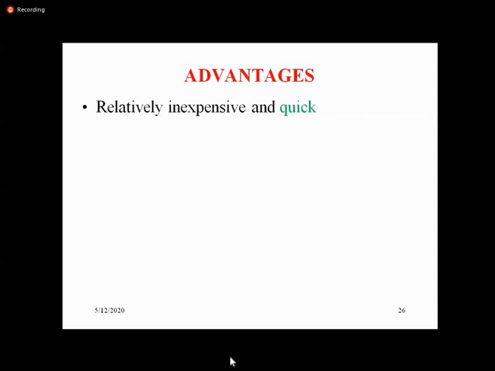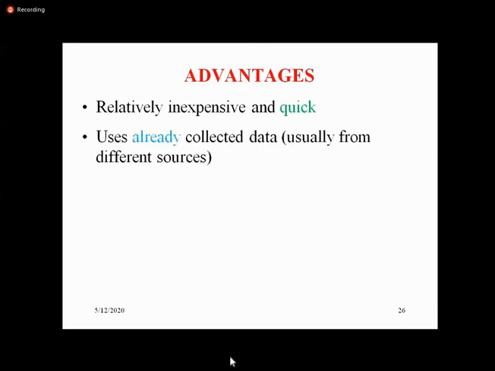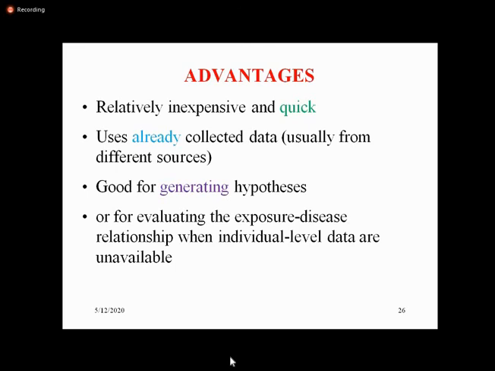Even you can do a country to country comparison. So the information is already collected, you just gather it and find out according to your objectives. Again, this is for generating hypothesis, not for testing the hypothesis. So we put it into the descriptive studies.